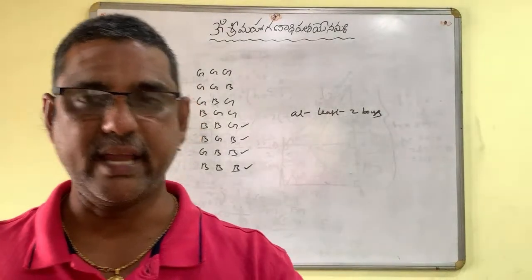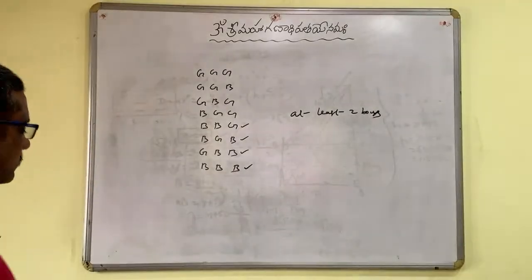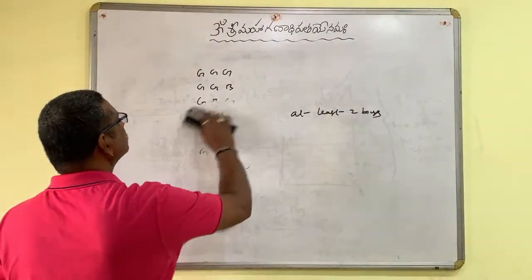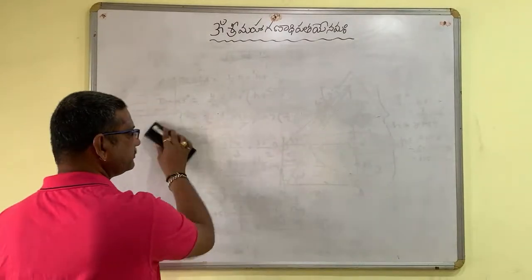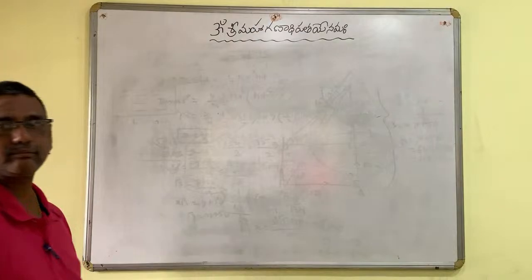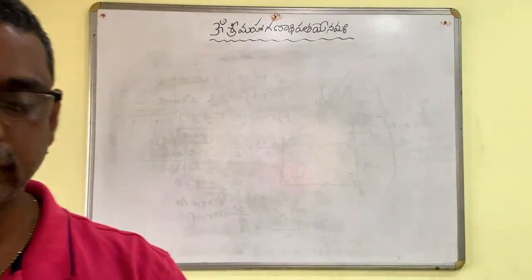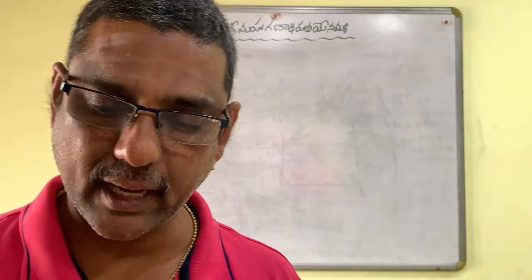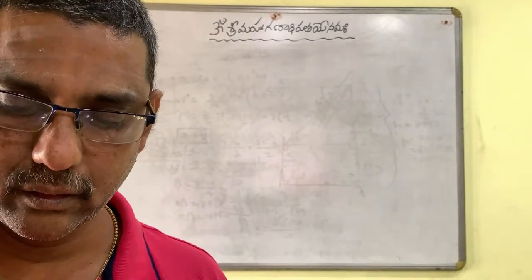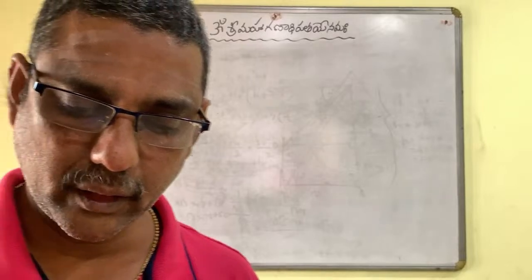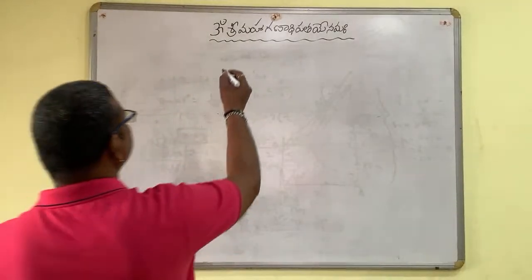Now section D. Now alpha, beta are the zeros of the polynomial 3x square plus 2x plus 1.